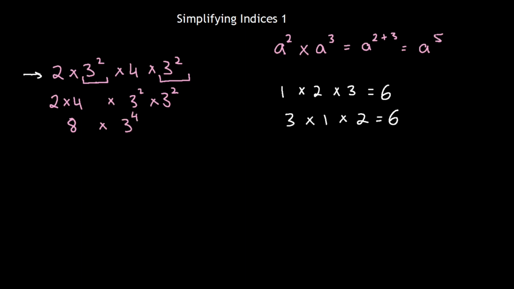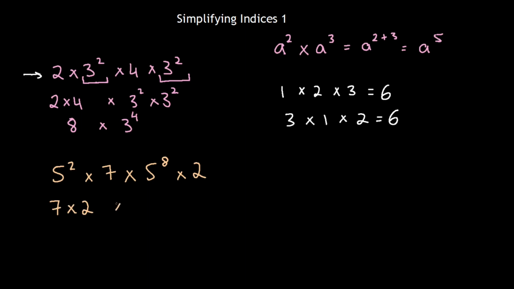Right, let's have a look at another question. So suppose we had something like 5 squared times 7 times 5 to the power of 8. And then times 2. Okay, so again, using what we've just learnt, the order doesn't matter, so we can rearrange things. So we can go, okay, let's do the numbers first. So let's do 7 times 2 first.